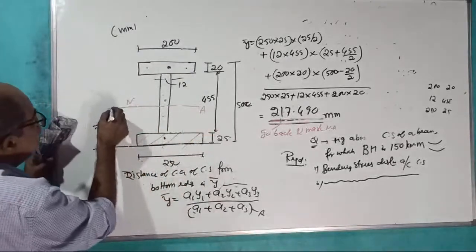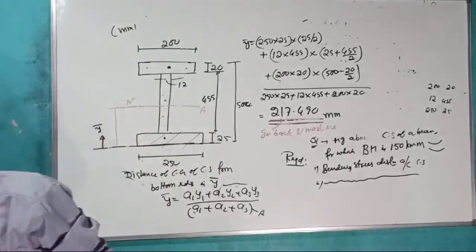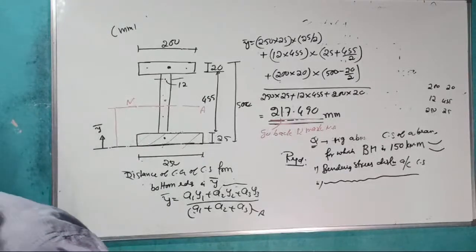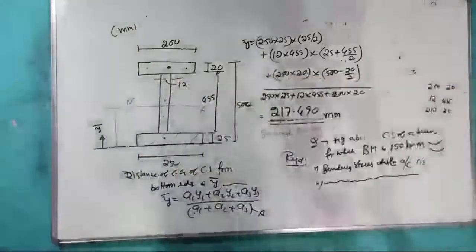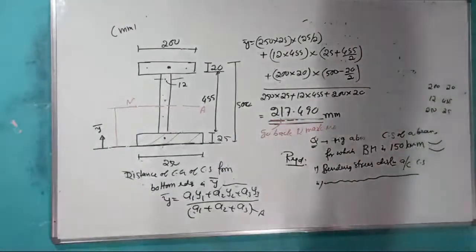Now, this distance is, I will use a red color now. Actually, one dark red is required, so that it is fully crystal clear. Same. I won't get it today because I need a red color pen.